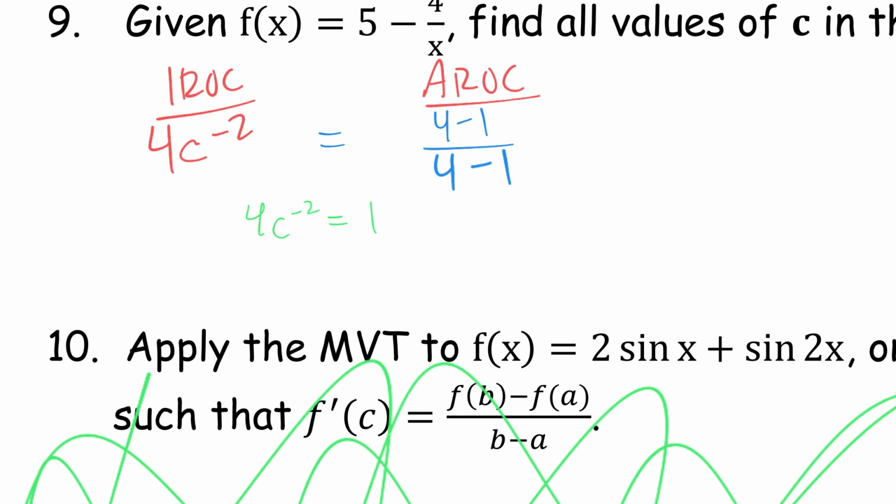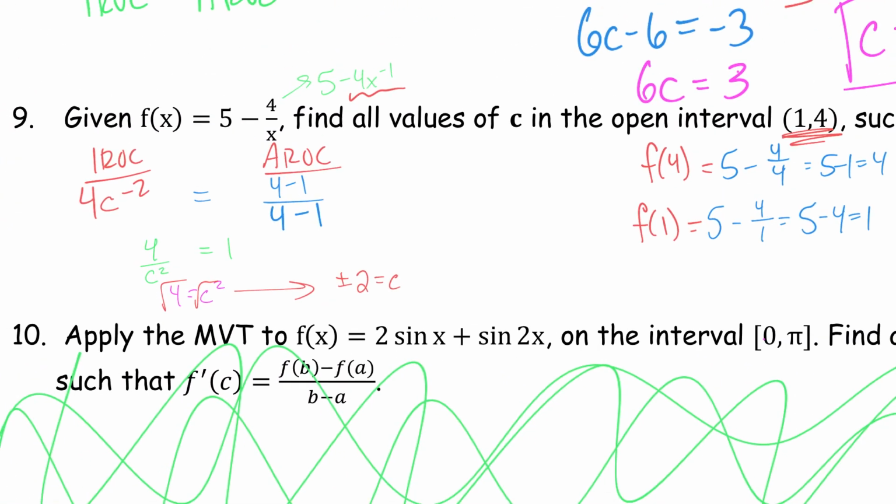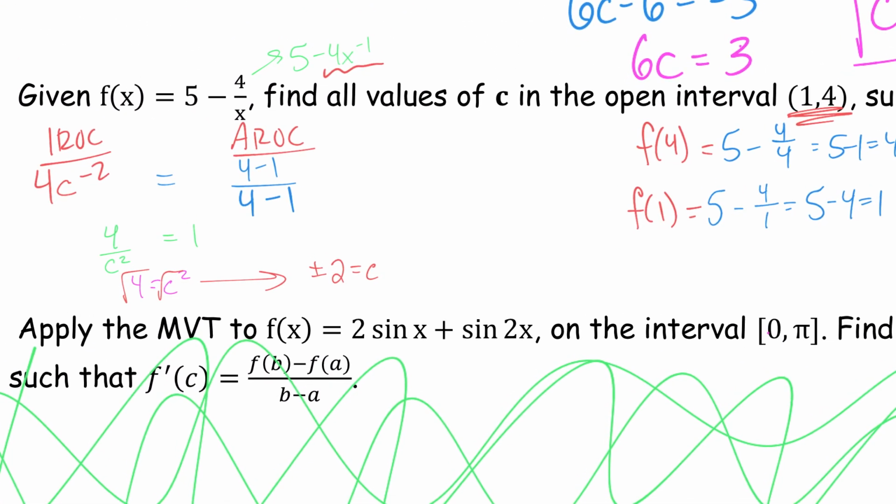And really, 4c to the negative 2 is 4 over c squared. So when we go to solve this, I'm going to multiply both sides by c squared, and then we're going to take the square root. Remember, when you take the square root of both sides, you're going to get a plus or minus. So c equals plus or minus 2, but are both of those in our interval 1, 4?